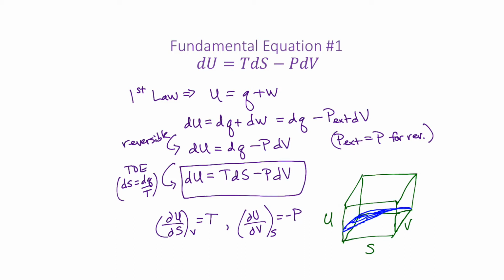A little difficult to draw this by hand, but hopefully you can see the idea here that we have an increasing slope as we hold our volume constant and we increase our entropy. And then we've got a negative slope as we increase in volume along that constant entropy path. This is just like what we've done before with other state spaces.